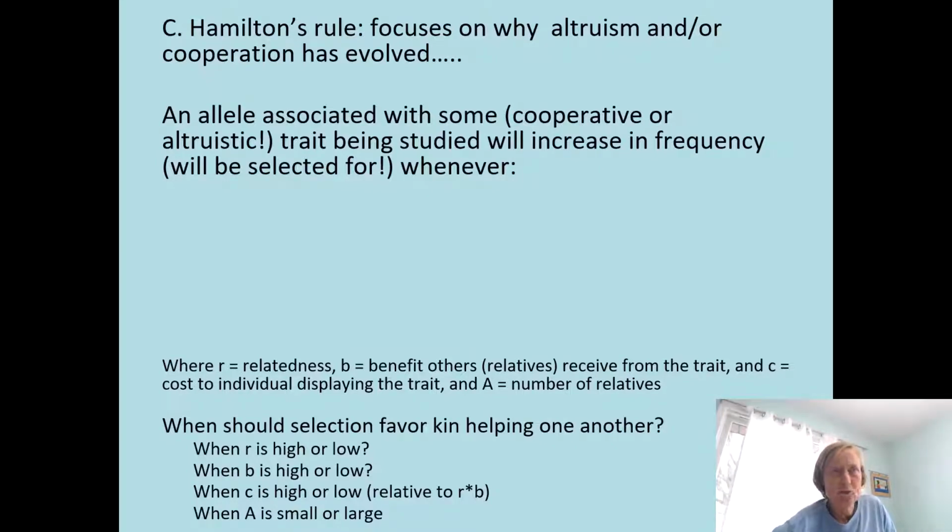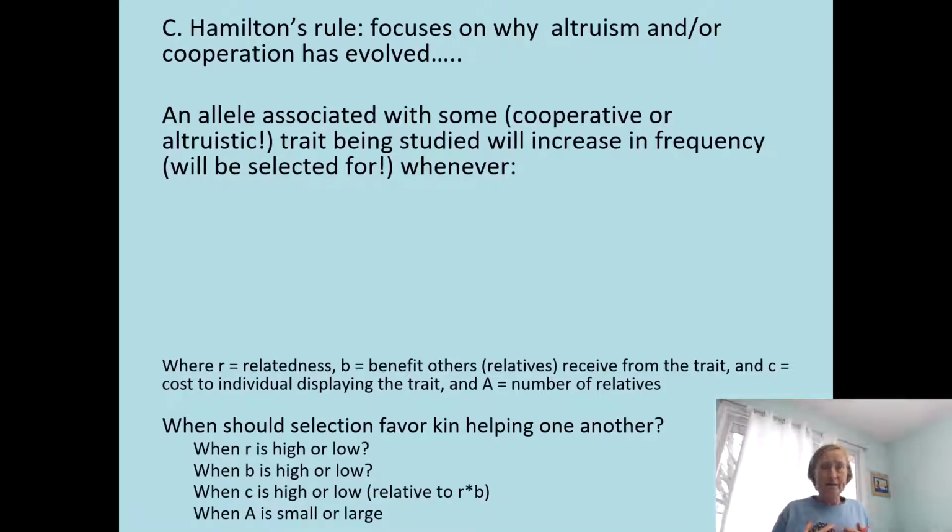Cooperative behavior, in which you are foregoing your own reproduction to help your siblings raise their offspring, would be an example of behavior that might be selected for if helping your relatives really helps them. Or another example might be if an animal makes alarm calls when a predator is near.